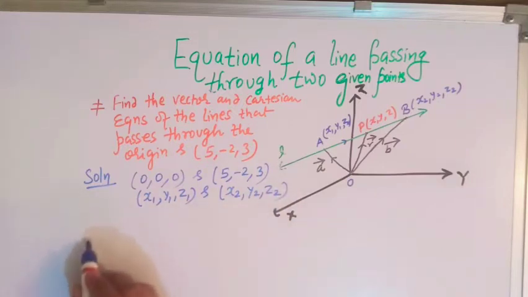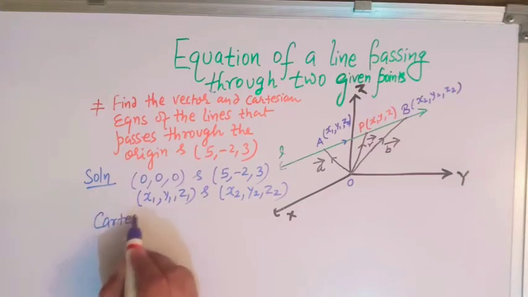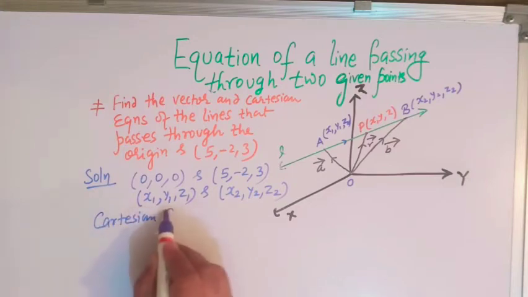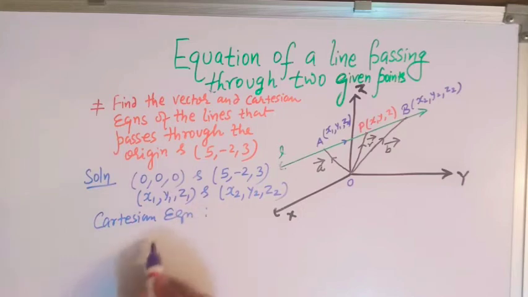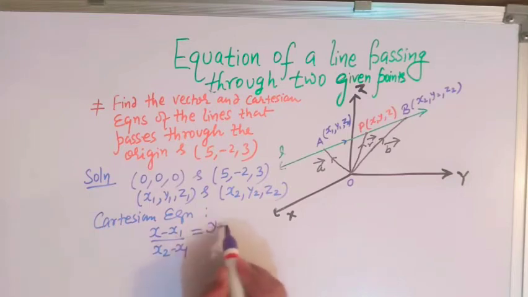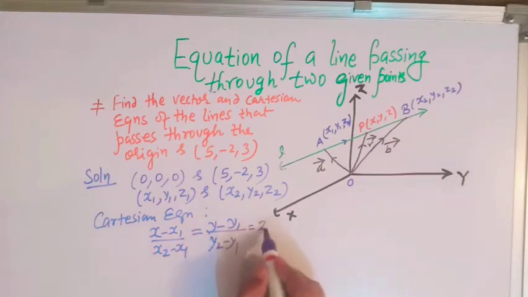So the Cartesian equation of the line is given by (x minus x1) divided by (x2 minus x1), (y minus y1) divided by (y2 minus y1), and (z minus z1) divided by (z2 minus z1), right?